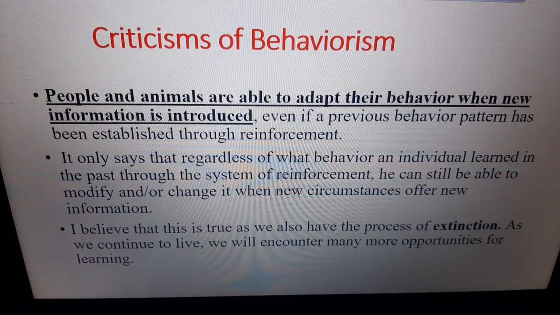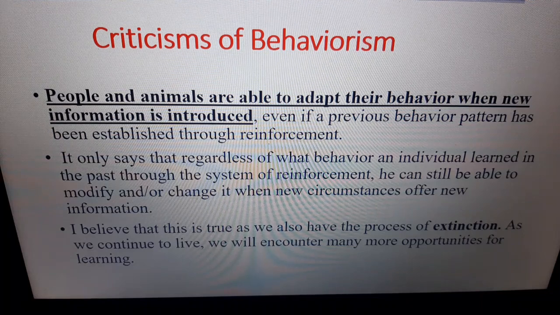People and animals are able to adapt their behavior when new information is introduced, even if a previous behavior pattern has been established through reinforcement. It only says that regardless of what behavior an individual learned in the past through the system of reinforcement, he can still modify or change it when new circumstances offer new information.